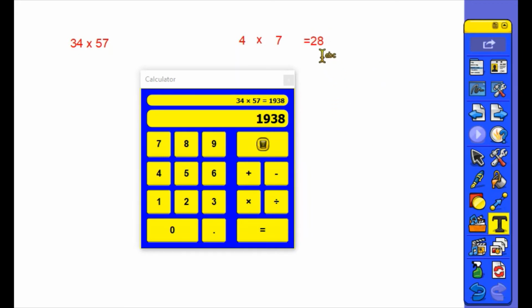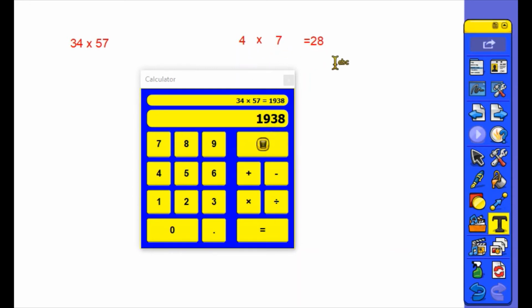Look at the ones column in our answer here on the calculator: it is an 8. 34 times 57 is 1938. 4 times 7 is 28.